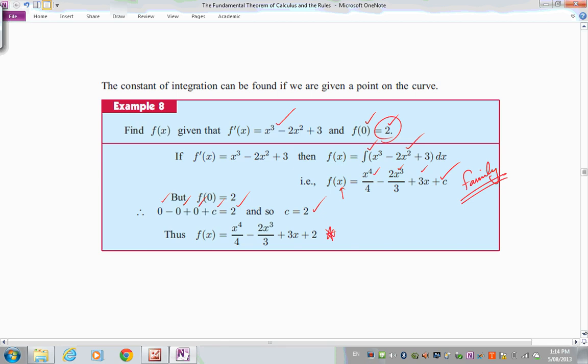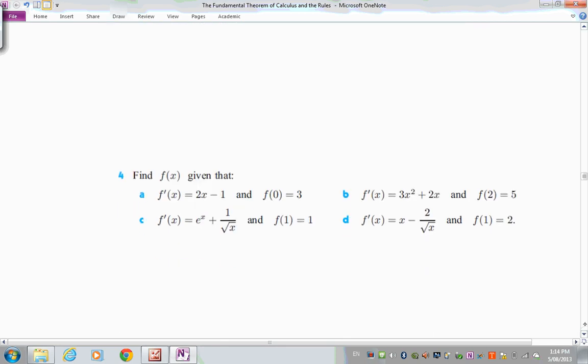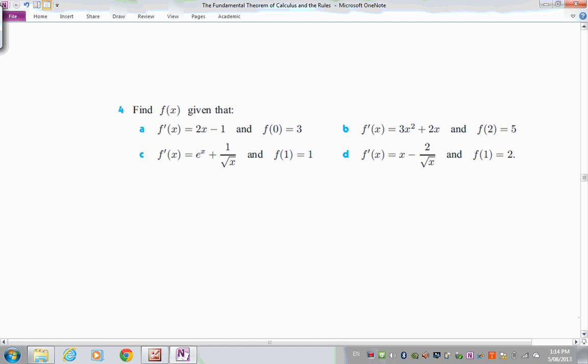All right, let's come down, have a look. So here's some functions for you. The derivative is given, so you want the original function. So that's the antiderivative. No, we're going to call it the process of integration. So if you integrate a derivative, you get the original function back again.